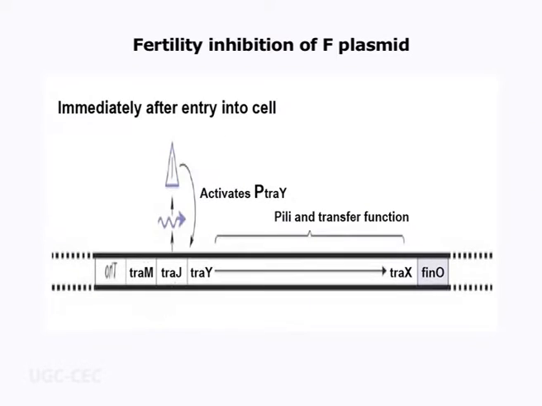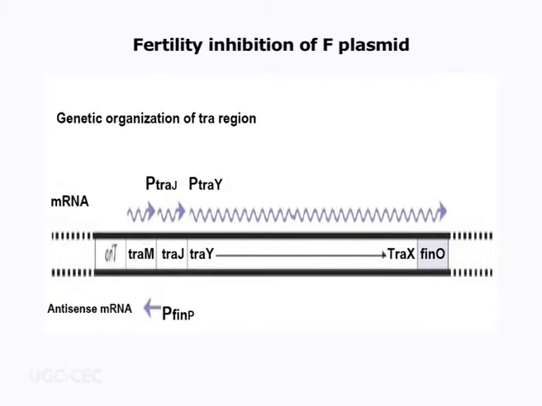So, if we can inactivate the TraJ gene, then we can switch off the expression of these DTR and MPF components. Here you can see that the promoter P-TraY is constitutively synthesizing these genes. But there exists another promoter called P-FinP. This promoter synthesizes an antisense mRNA called FinP.